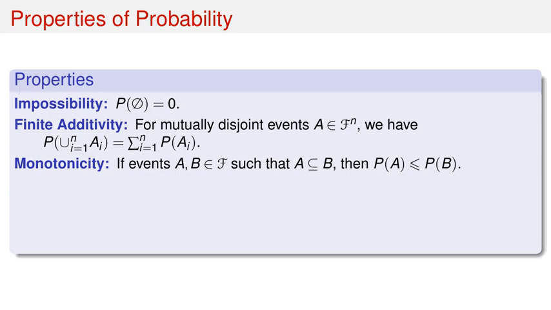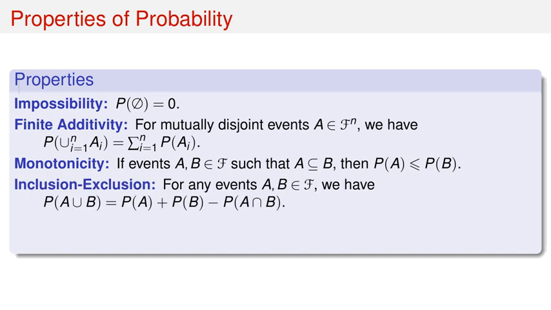Third, monotonicity. If we have two events A and B in script F such that A is a subset of B, then the probability of A, P(A), is less than or equal to the probability of B, P(B).